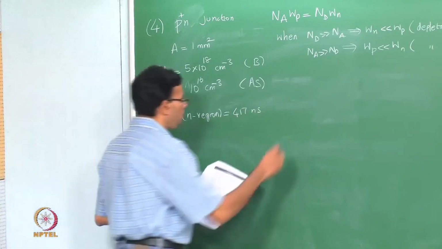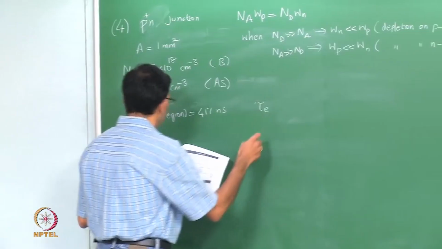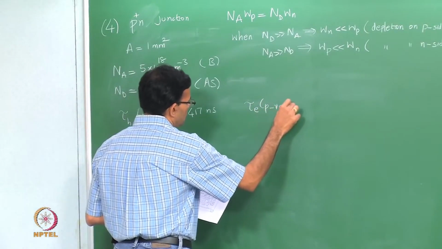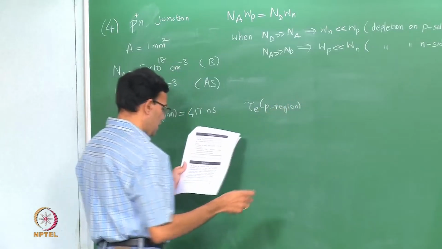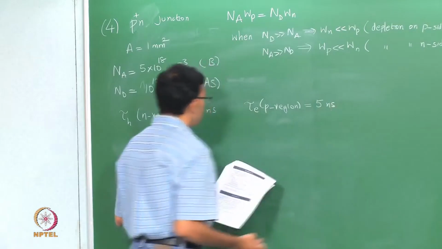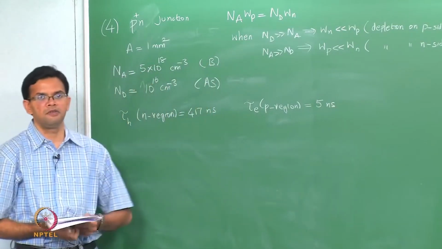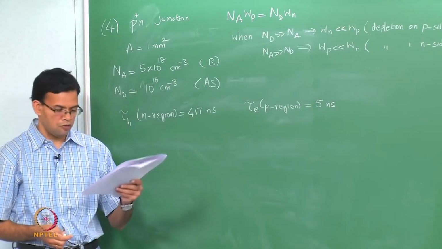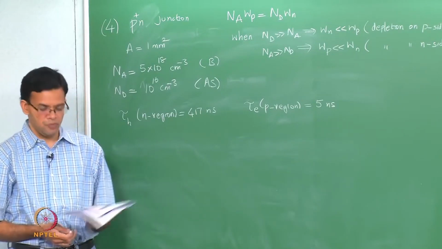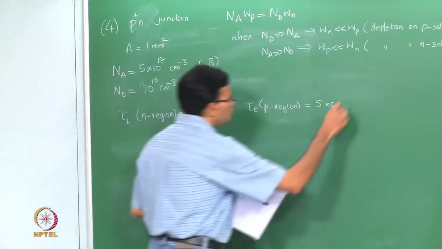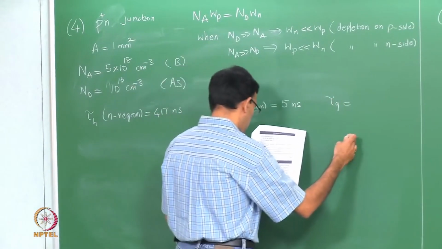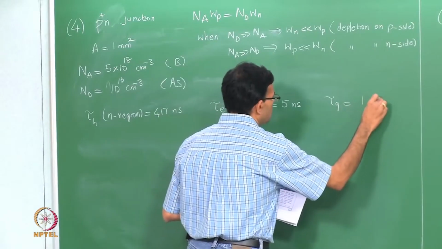Similarly, the lifetime of the electrons in the P region is only 5 nanoseconds, and this difference is because of the difference in concentration of the dopants. The thermal generation lifetime is also given. So, tau g is 1 microsecond.